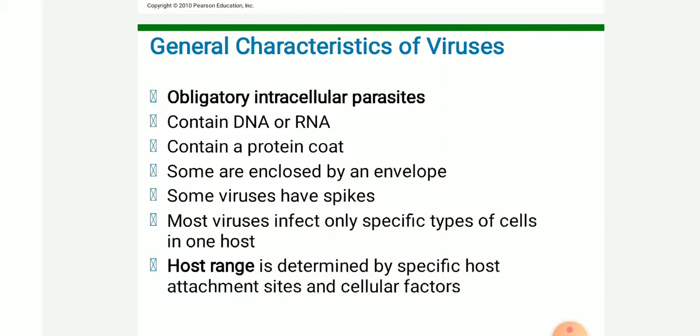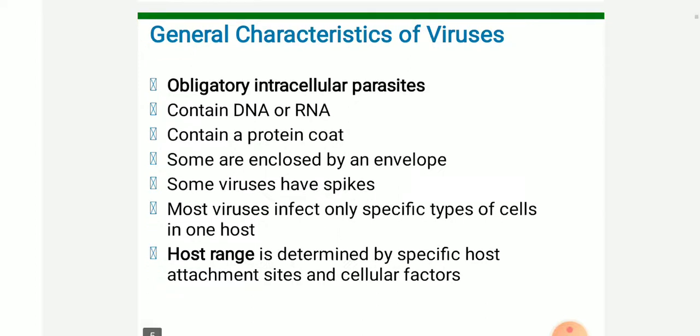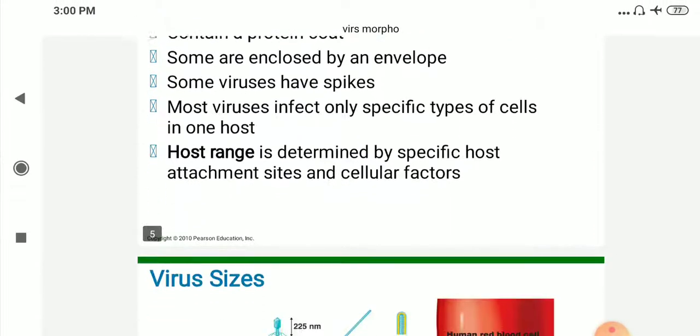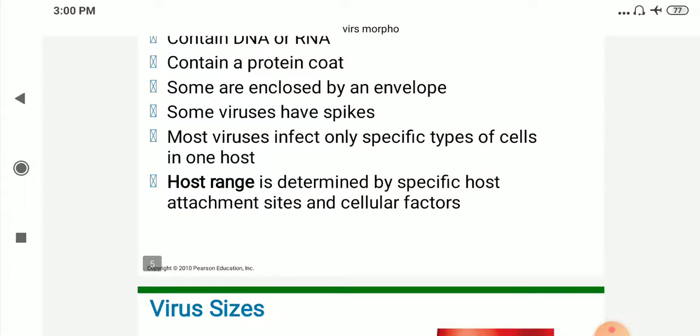Some of them are enclosed with an envelope. Some viruses have spike-like structures, and most viruses infect a specific type of cell in a host, and the host range is determined by specific host attachment sites and cellular factors. So these are some general characteristics.